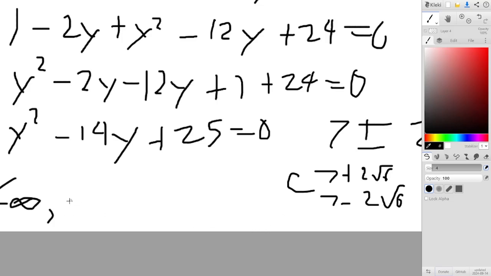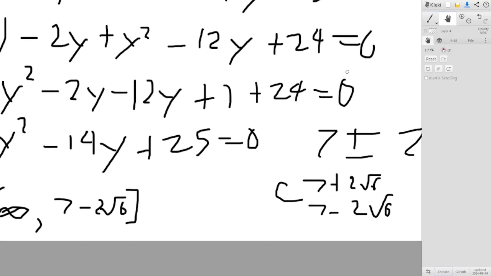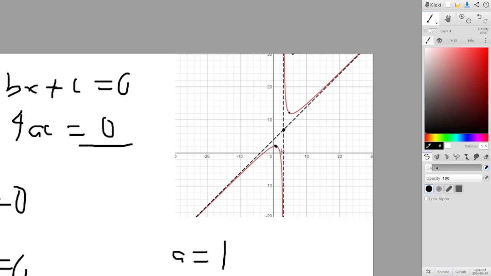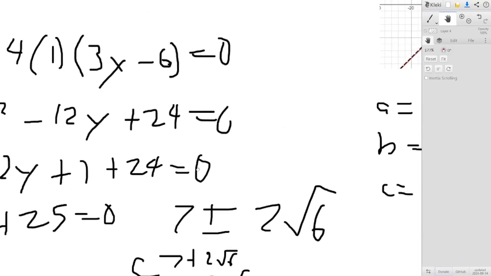The value to be paired up with negative infinity will just have to be the one with a minus 2 square root of 6. So 7 minus 2 square root of 6. And do note that this is included in the set because obviously it represents this point over here.